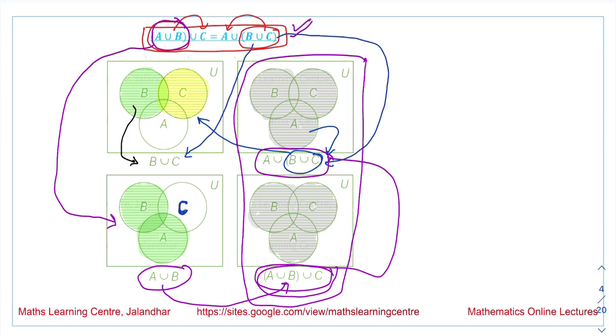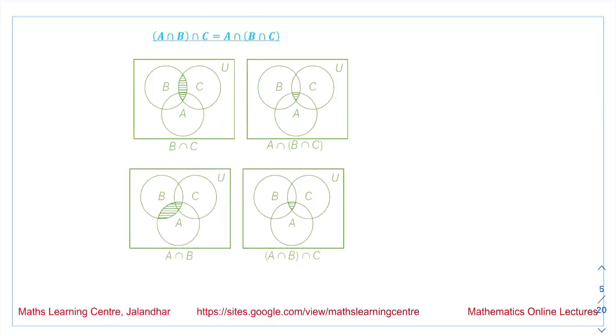Next we have to prove the associative law for intersection. First of all we look at this condition.